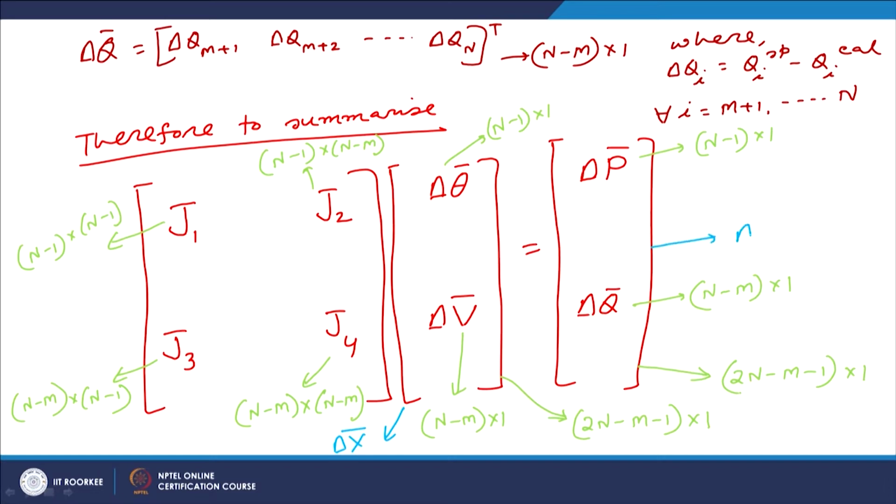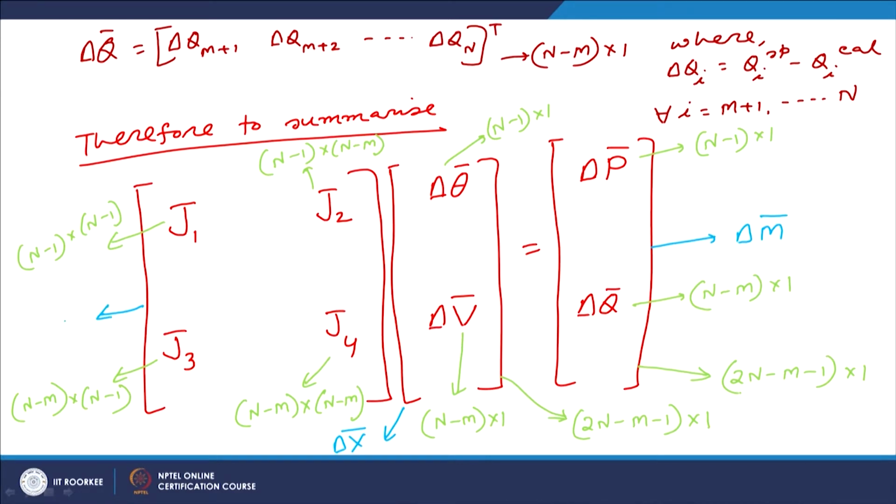This vector is called the mismatch vector, because it denotes the mismatch between the specified value and the calculated value. This vector is called the correction vector, because we are trying to calculate the correction value of theta, which should be added to the initial guess so that we can reach the final solution.